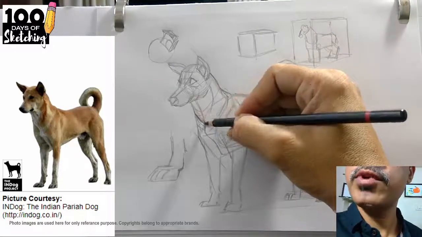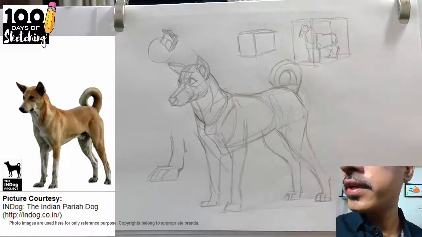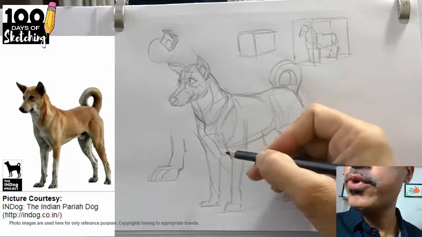So these are some of the lines which are very important to define his body structure.